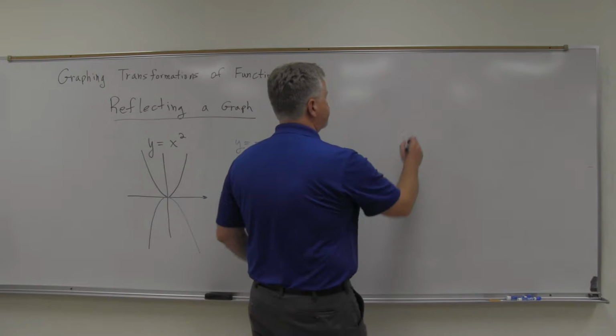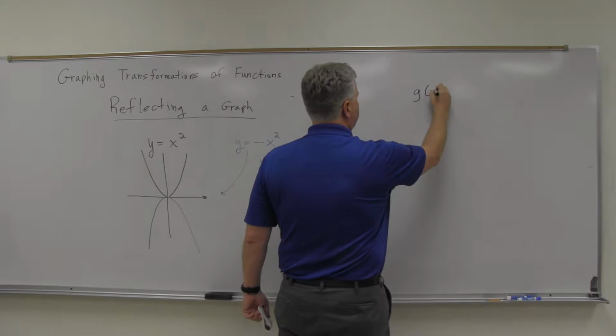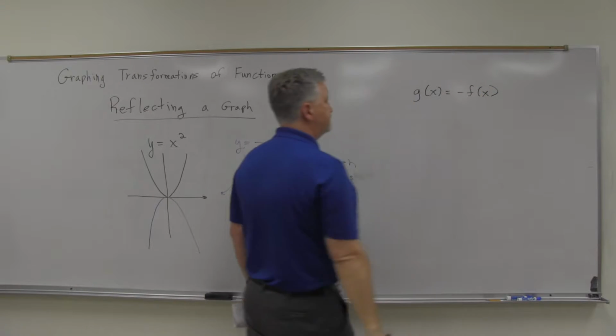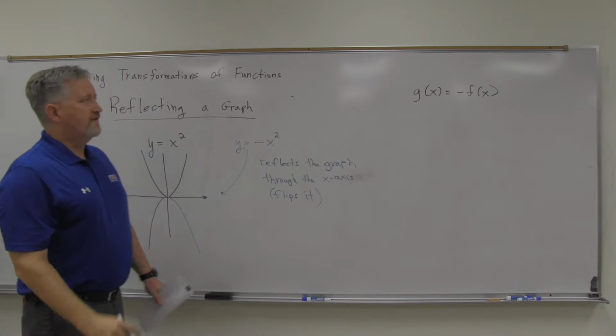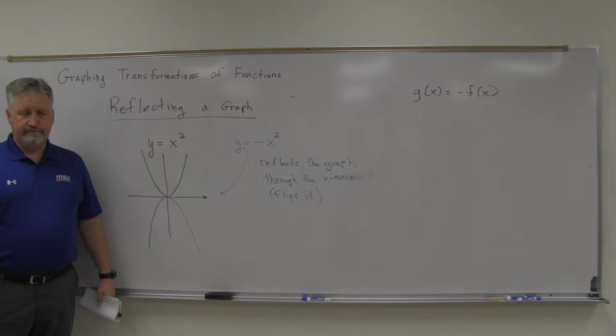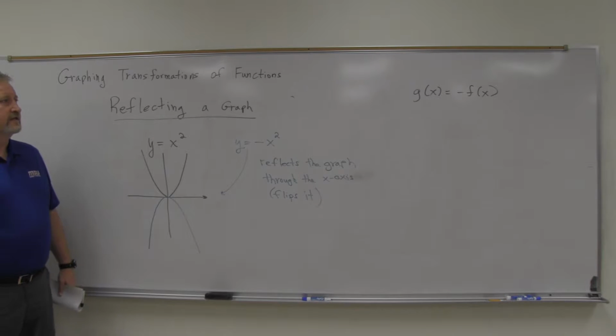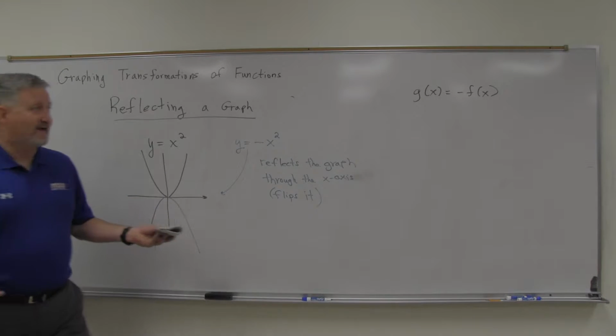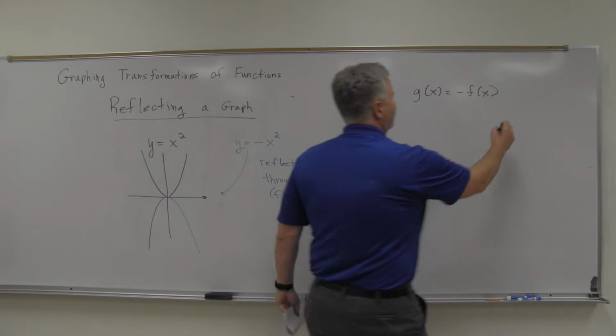So if I've got g of x, so putting it kind of in the terminology we had before. If I've got a g of x function, it's the negation of putting a minus in front of it, another function. That's going to reflect it through the x-axis, flips it over, okay?